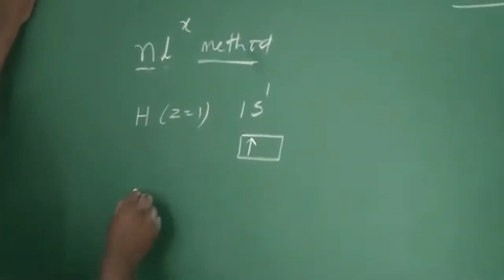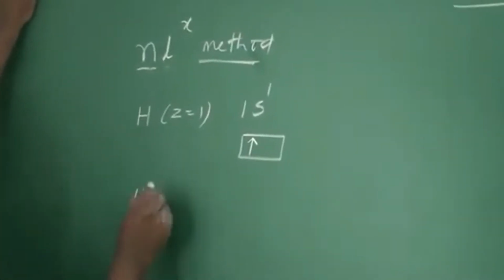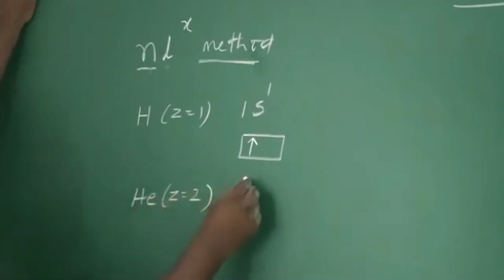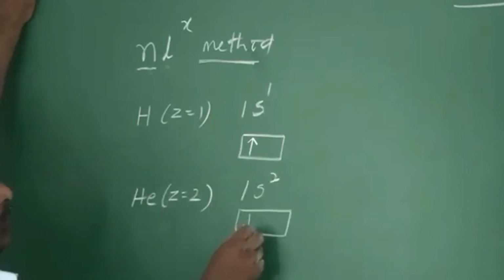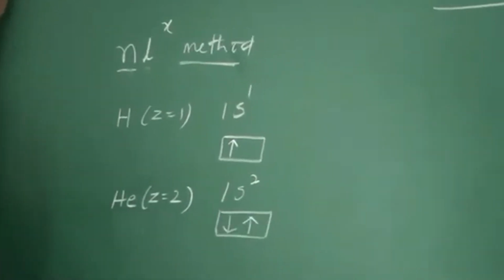Now let us take helium. Helium's atomic number is 2. So the electronic configuration is 1s2. That means in the first energy level, s suborbital, you have 2 electrons, one with clockwise spin and the other with anti-clockwise spin.